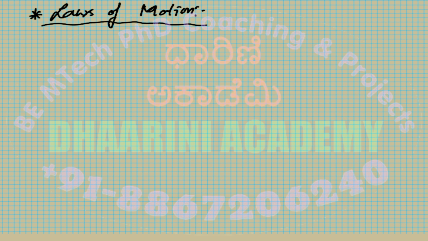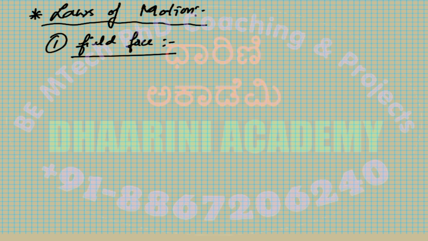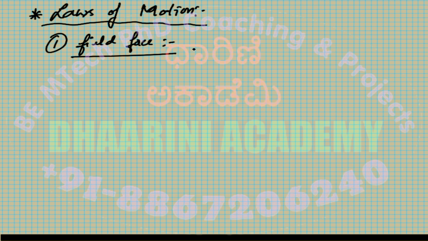So first, let's look at the types of forces to start with. The first type of force is called a field force. Field forces are those forces between two objects wherein contact is not required, so forces without contact of any two objects.